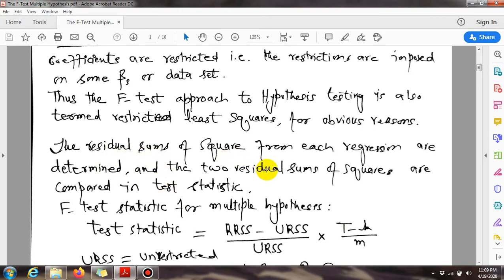So when you have a restricted regression equation and an unrestricted regression equation, with these two regression lines, you have to make the residual sum of square minimized. The residual sum of square from each regression is determined, and the two residual sums of squares are compared in the test statistic.